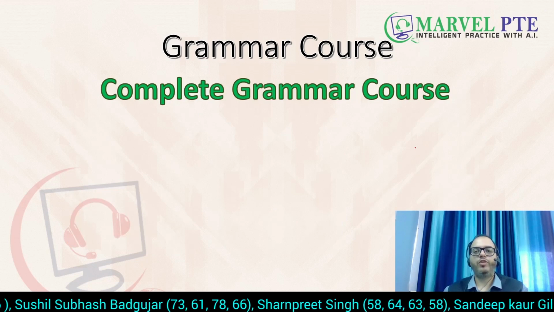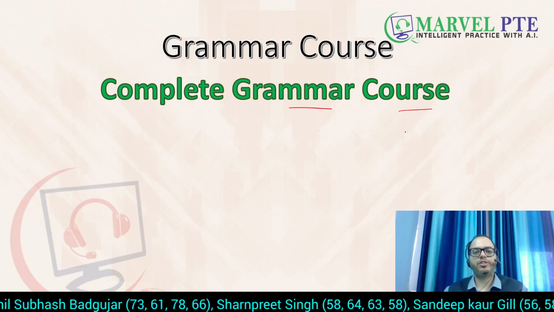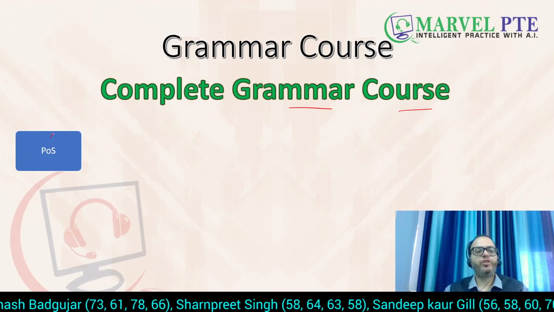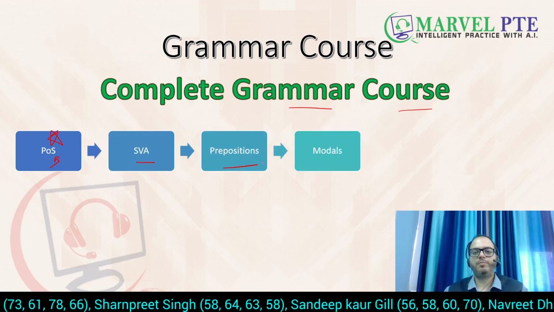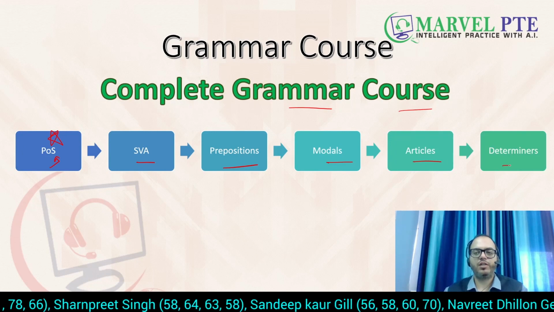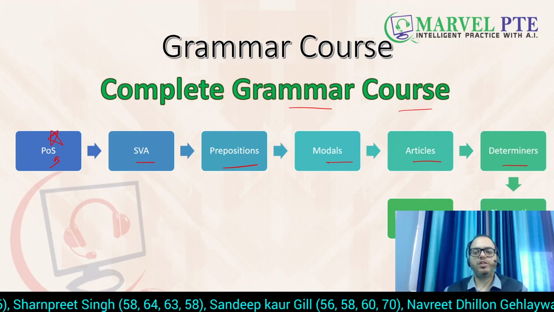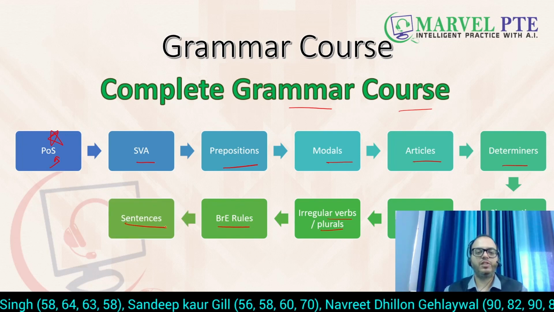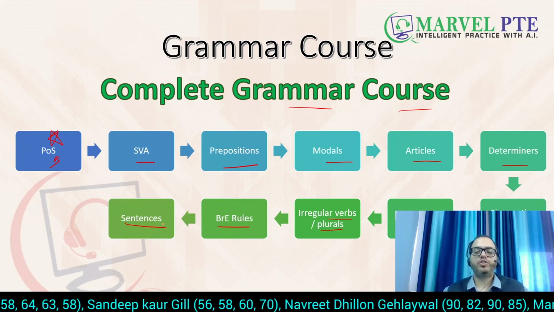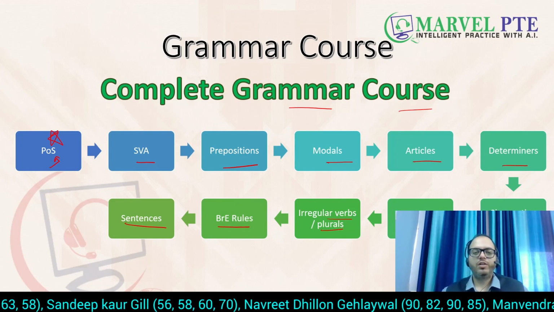And for grammar, we have a complete grammar course which we teach to our students. In grammar, we do parts of speech. You have seen its importance today. Subject verb agreement, prepositions, modals, articles, determiners, signposting words, tenses, irregular verbs or plurals, British English rules and sentences. All this we teach to our students as a part of our grammar course.